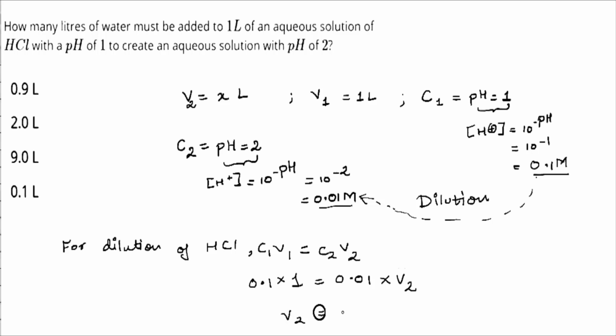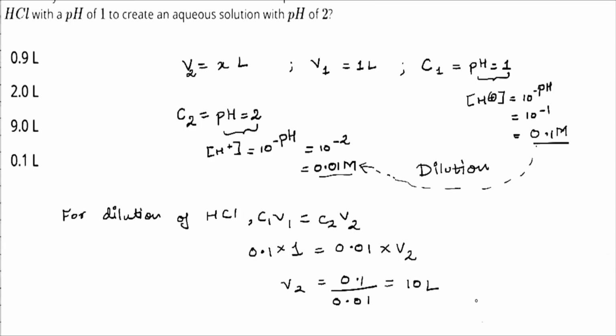So V2 will be equal to 0.1 upon 0.01, which is 10 liters, right? But hold on. 10 liters is the total volume of the concentration which we are going to get. So 10 minus 1 will be equal to the volume of water which we are going to add to the 0.1 molar solution so as to get 0.01 molar.